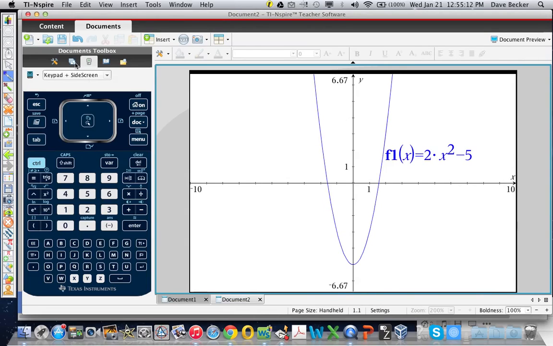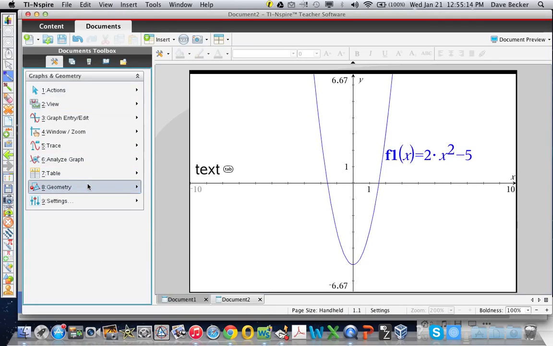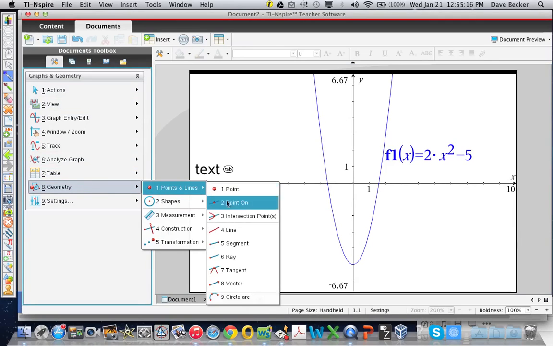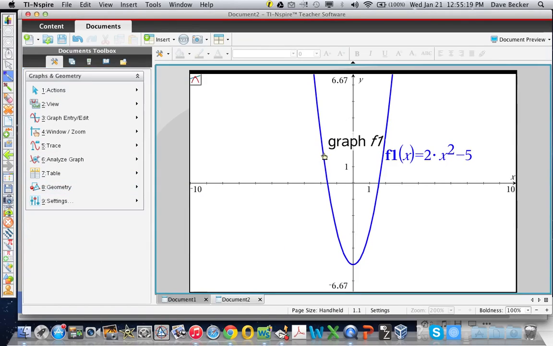And then we'll do the tangent line again. Points and lines, and we want a tangent line, so I'm going to put it there. Let me make it a little bigger. And then we need this. I want to hide that. And x equals negative 3 is way over there.